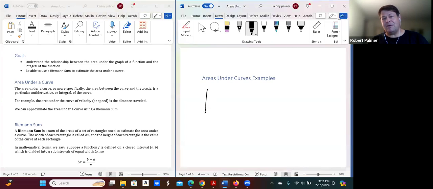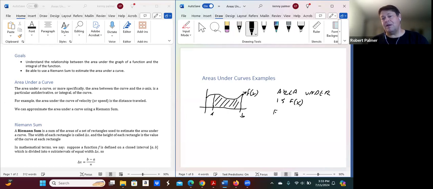If we have any kind of graph, going from some point A to some point B, and this is our curve, our f of x, then this area under the curve between A and B is the antiderivative.